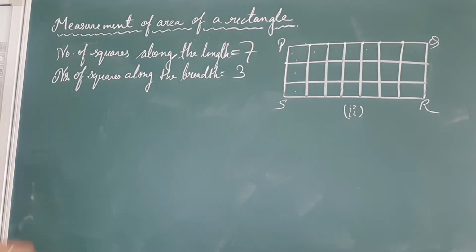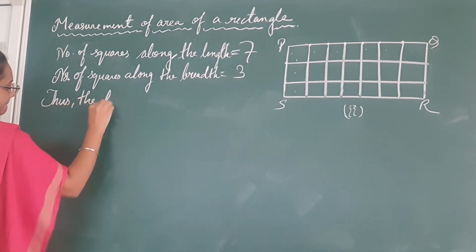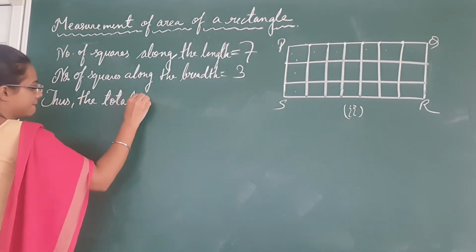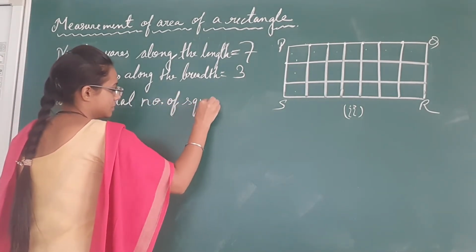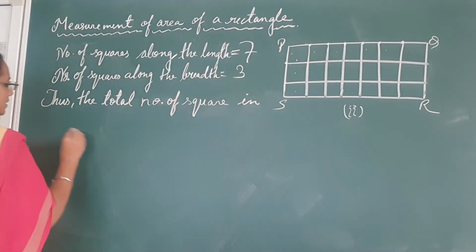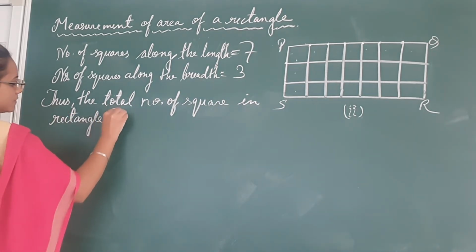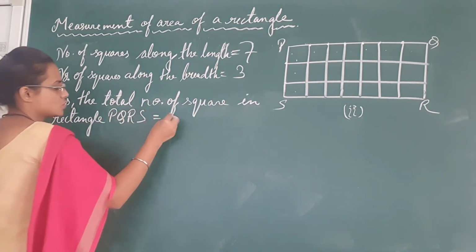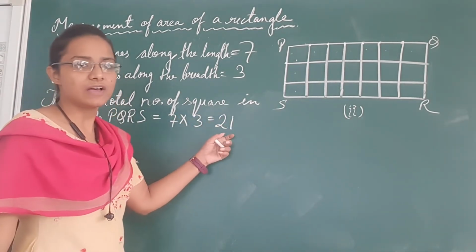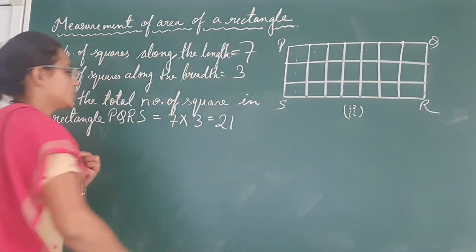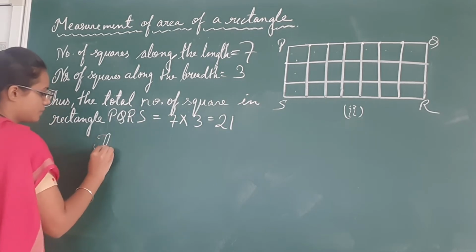Thus, the total number of squares in rectangle PQRS is equal to 7 into 3, which is equal to 21. So we have come to know how many squares there are.